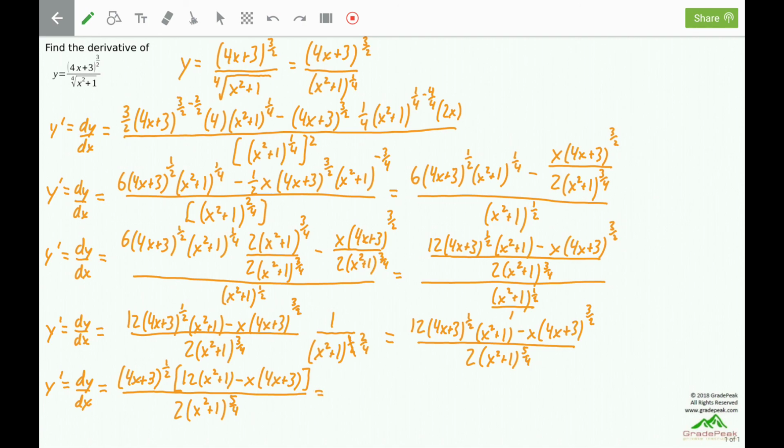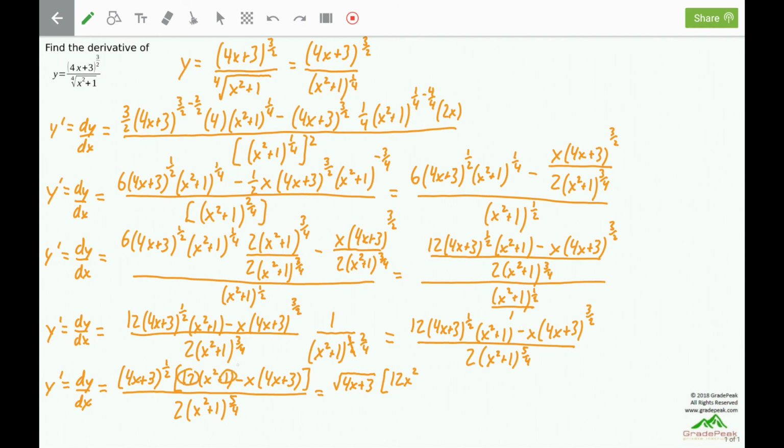Another thing that we can do, this 4x plus 3 to the 1/2, we can rewrite, because it's first power, second root. We could just write it as square root. It'll most likely be found that way when you see a 1/2 power. But in the square brackets, we'll distribute the 12 in here. So that'll be 12 times x squared, 12x squared.